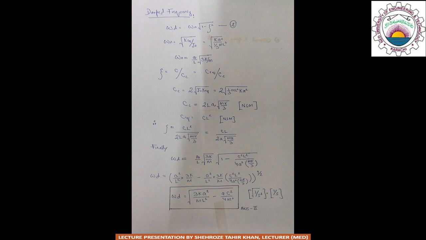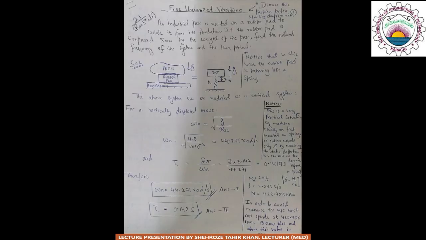Next we have another problem, which is problem 2.1 from SS Rao 5th edition, and it states that an industrial press is mounted on a rubber pad to isolate it from its foundation. If the rubber pad is compressed 5 mm by the weight of the press, find the natural frequency of the system and the time period.